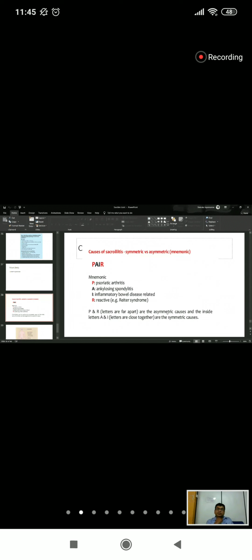Actually, P and R are further apart. They are the asymmetric causes, and A and I are together, so that means they're usually symmetrical. So this is a mnemonic for you to remember in your questions.